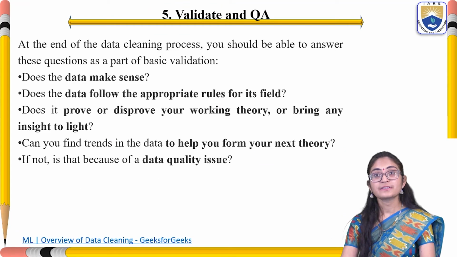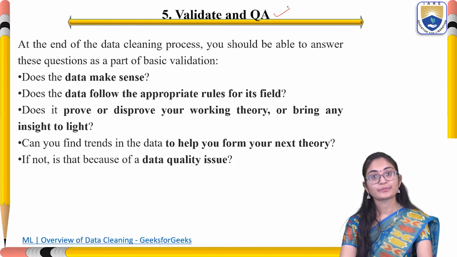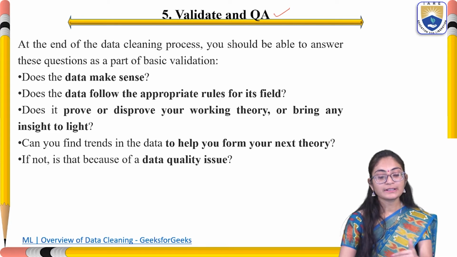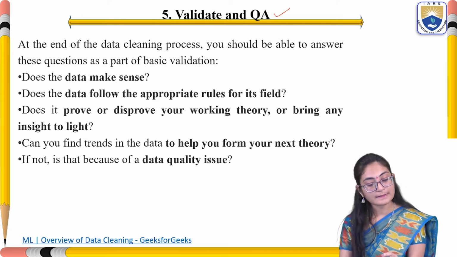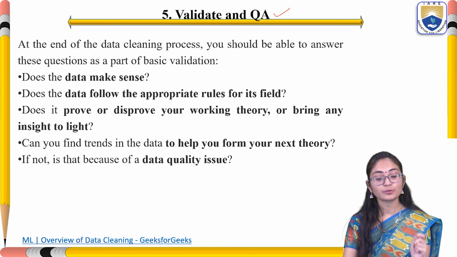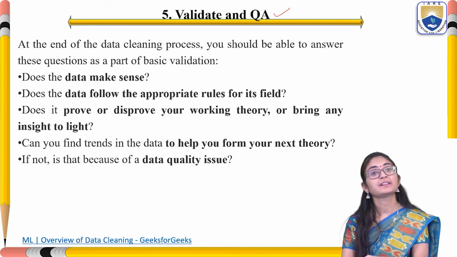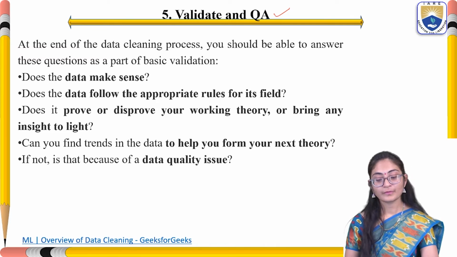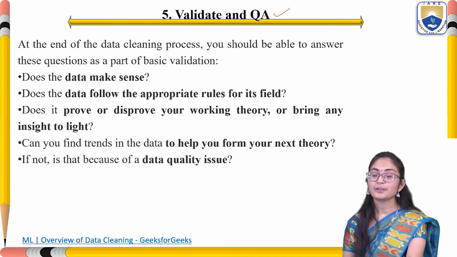Now, the last one is validate and QA. At the end of the data cleaning process, you should be able to answer these questions as a part of basic validation. This is the last step of data cleaning.